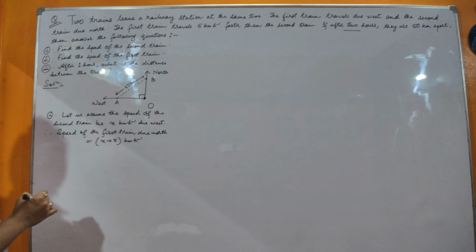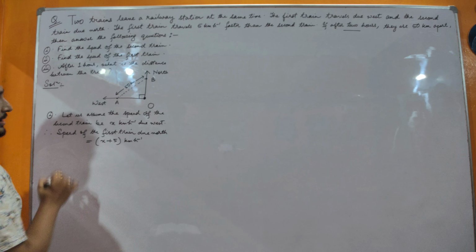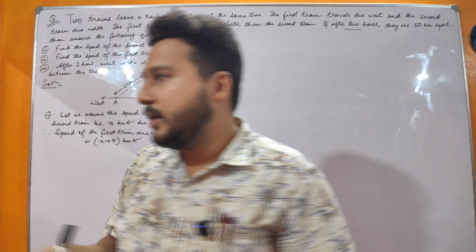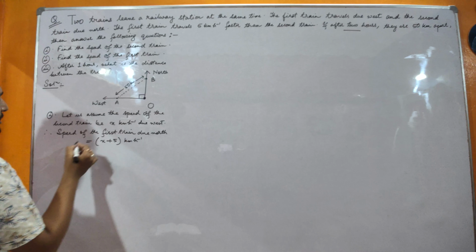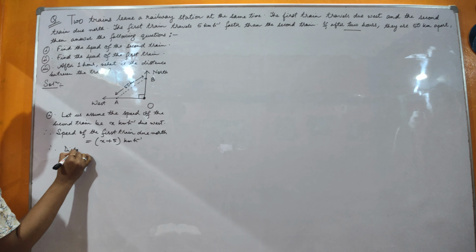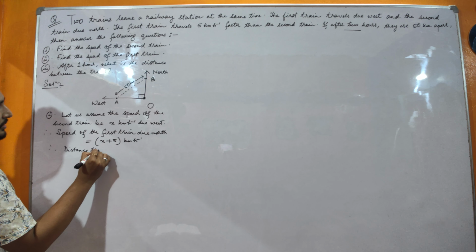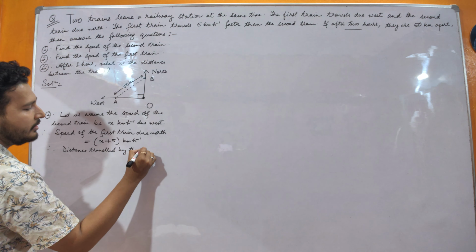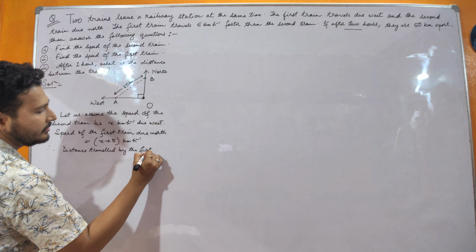Okay. Now they have asked to find out the speed. Now what is the distance? We know the formula for distance is speed multiplied by time. So distance traveled by the first train.